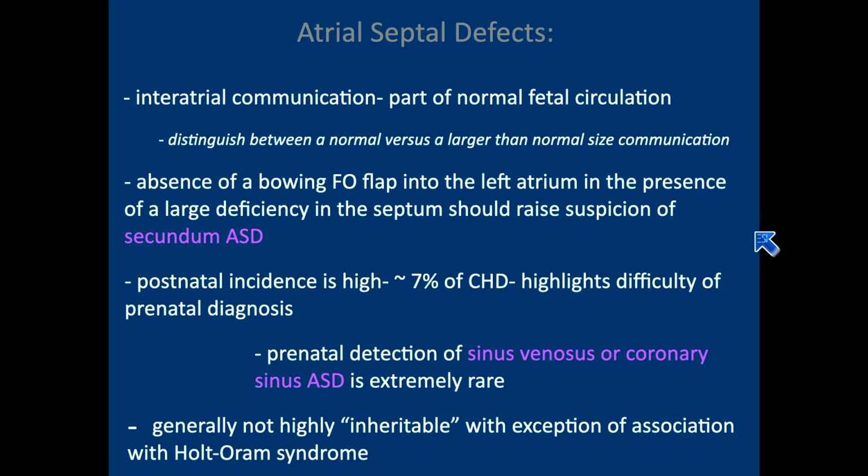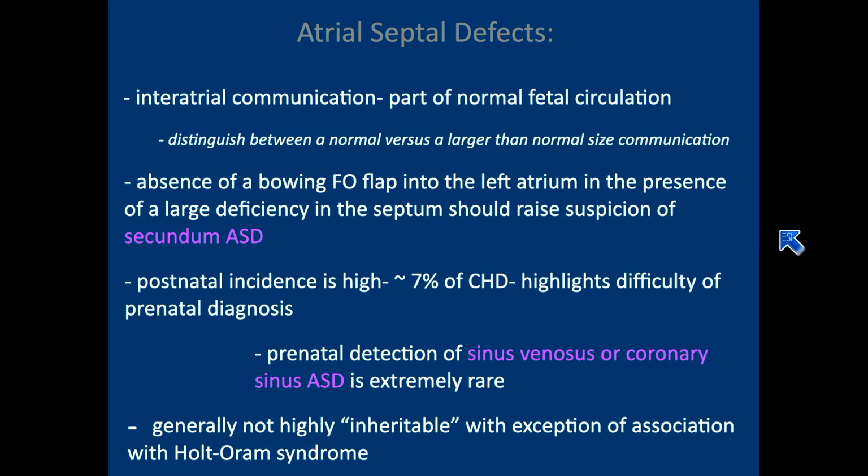So again, remember that interatrial communication, foramen ovale patency, is part of normal fetal circulation. So how do you distinguish between something that's there normally and something that's pathologically there and may not close postnatally? There's really not a lot you can hang your hat on, with the exception of large defects or maybe the absence of bowing of the foramen ovale flap into the left atrium with a large deficiency.